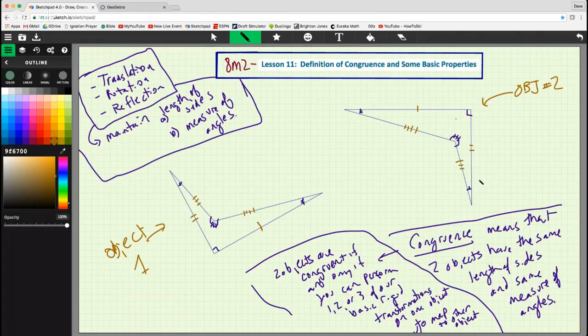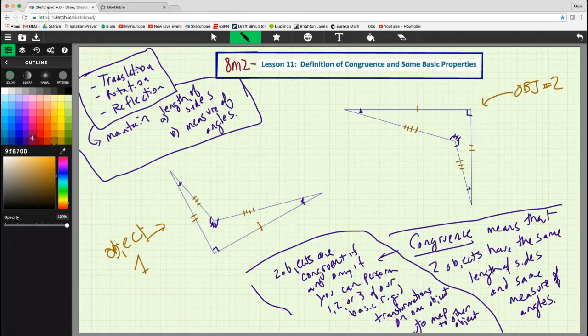So we have an object with the same length sides, and similarly, we have some markings that say that this angle is the same as this angle is the same as this angle, and this angle here is a right angle. So let's just label our sides here.